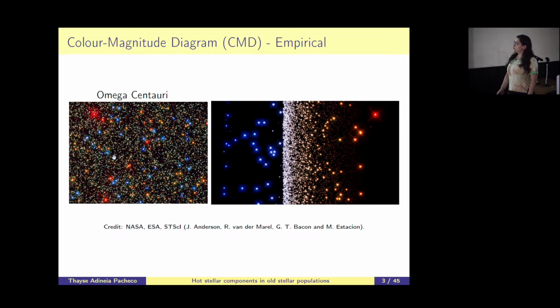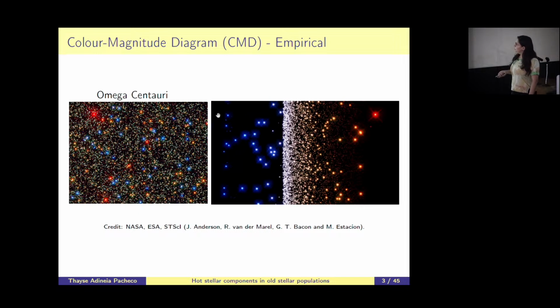To construct the HR diagram, we can use these empirical parameters, separating the stars by colors. We can look at this right plot, where we can see the redder stars, which are the coolest stars, on the right side, and the hotter stars that are bluer on the left side.